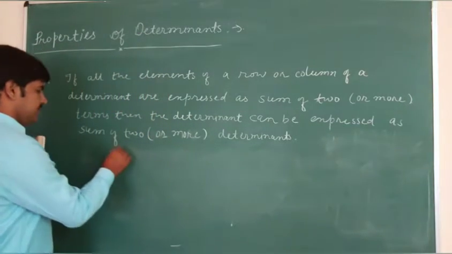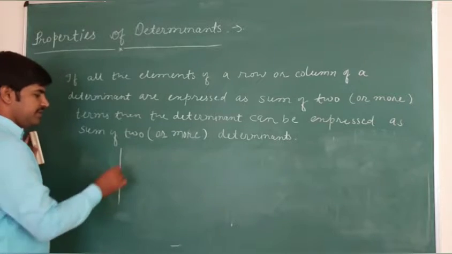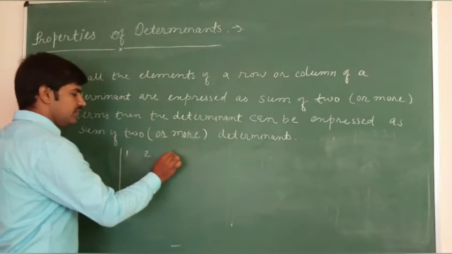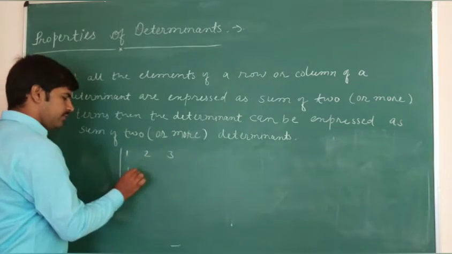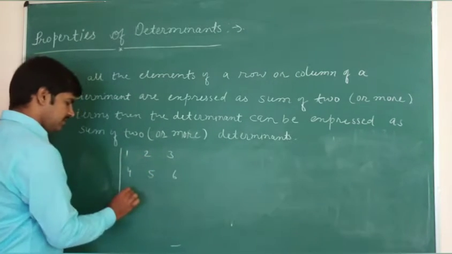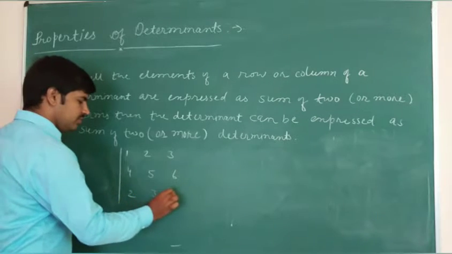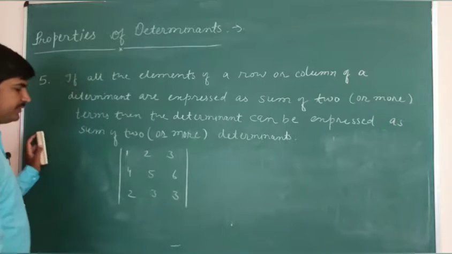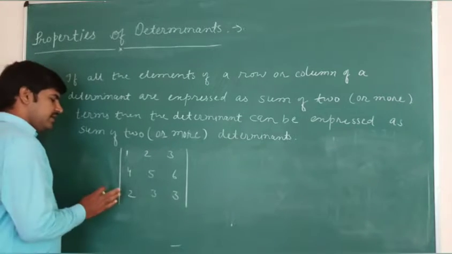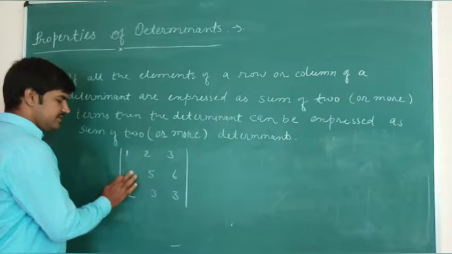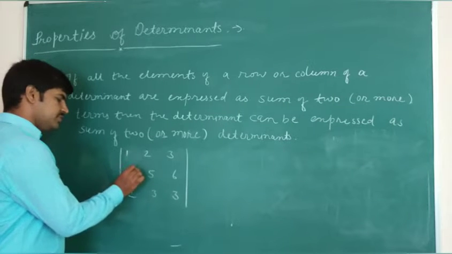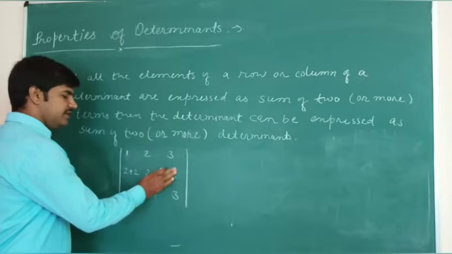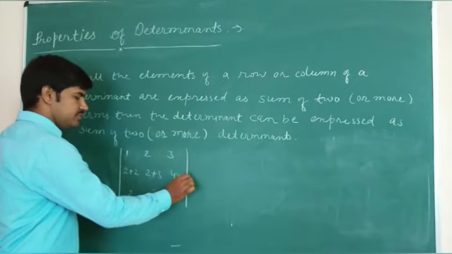Students, suppose there is a determinant and the determinant is 1, 2, 3, 4, 5, 6 and 2, 3, 3. Dear students, if I want, I can write this 4 as 2 plus 2, this 5 as 2 plus 3, and this 6 as 4 plus 2.